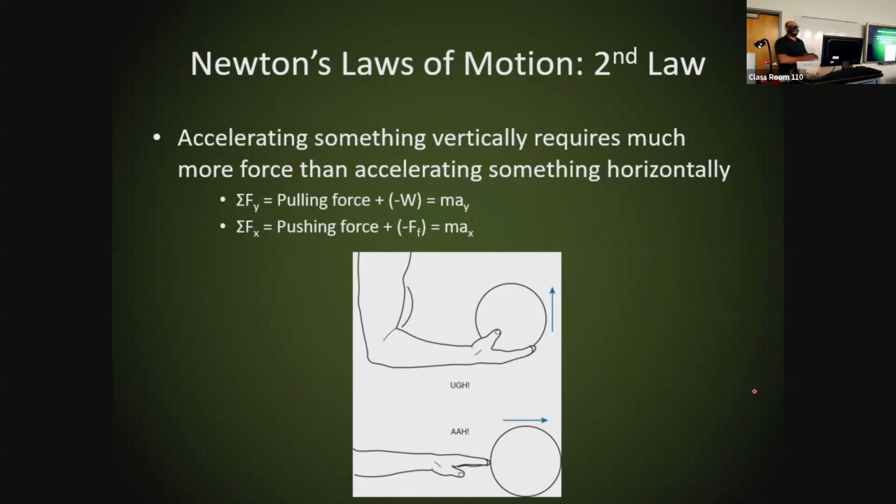Again, not to say that there aren't times where it's more difficult. If that ball had some type of super glue on it on the floor, then it might be a little bit tougher to push it. But to roll it, maybe.